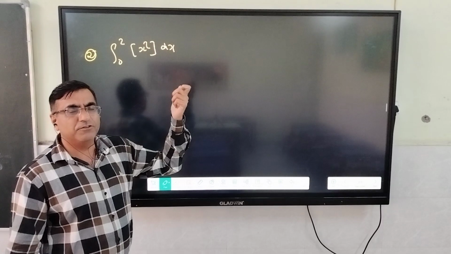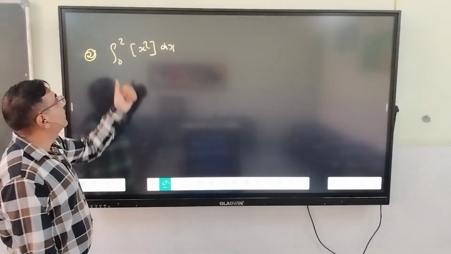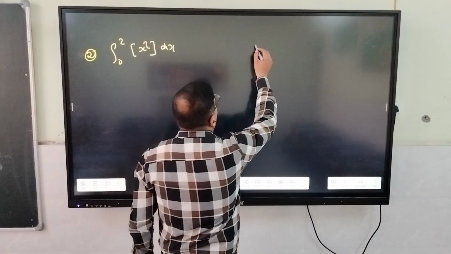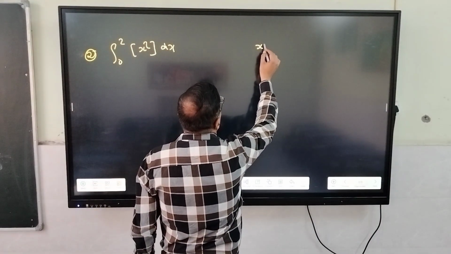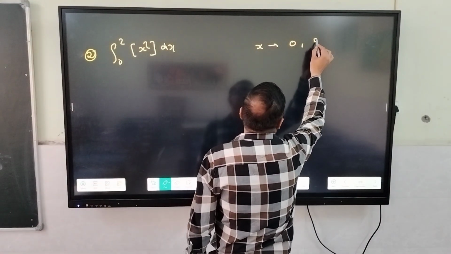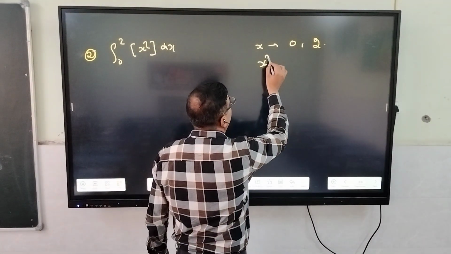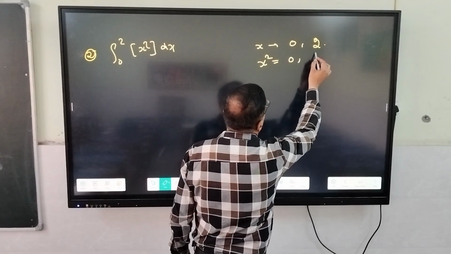So this one is a little bit difficult. The integral of greatest integer of x squared from 0 to 2. Here x is from 0 to 2, so x squared goes from 0 to 4.